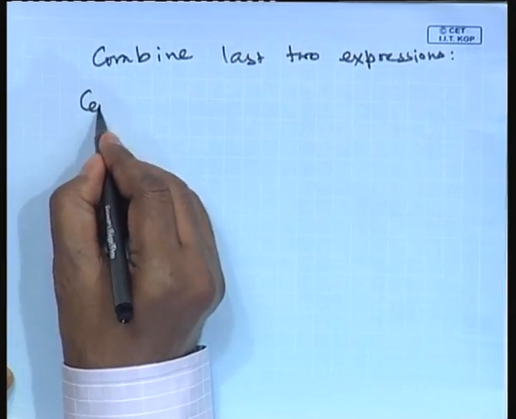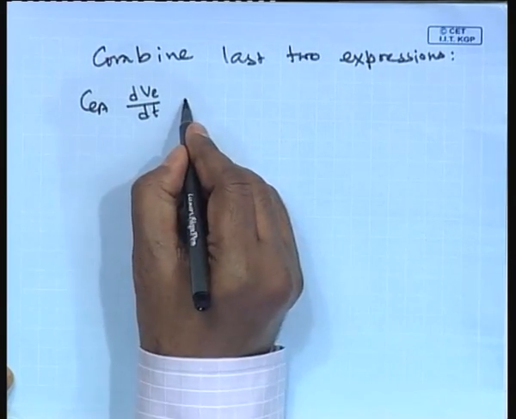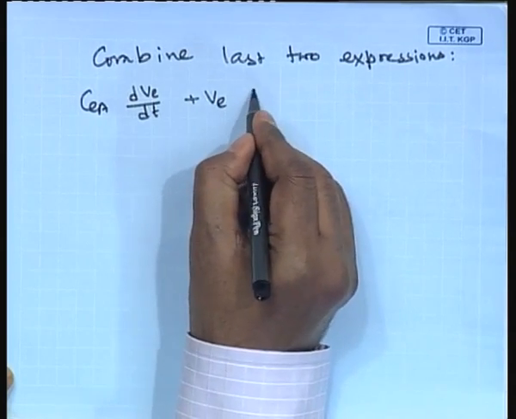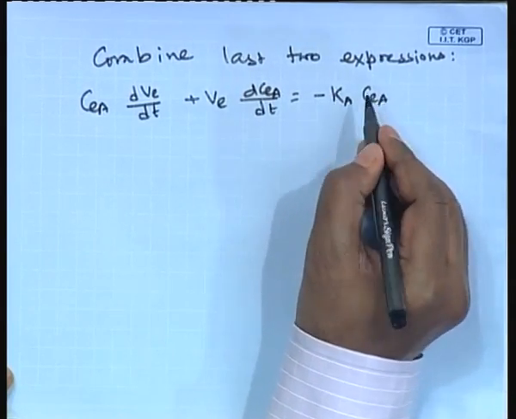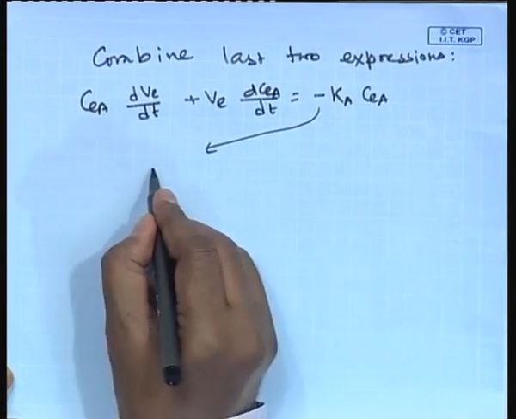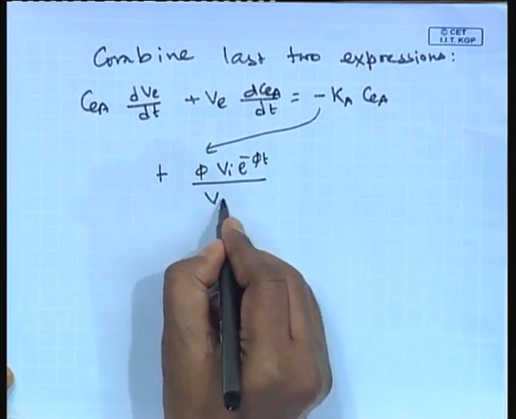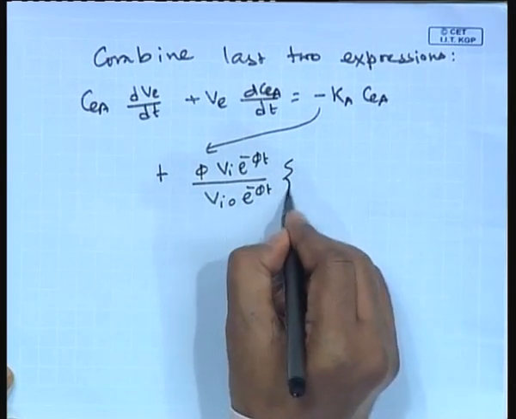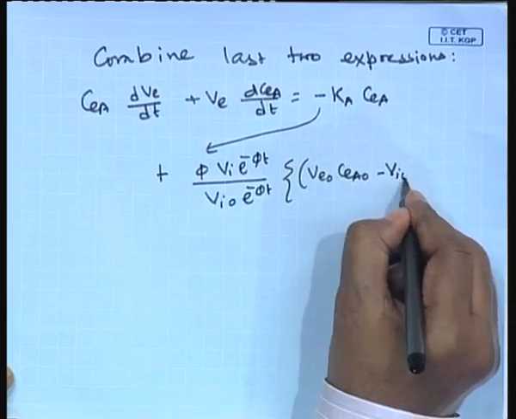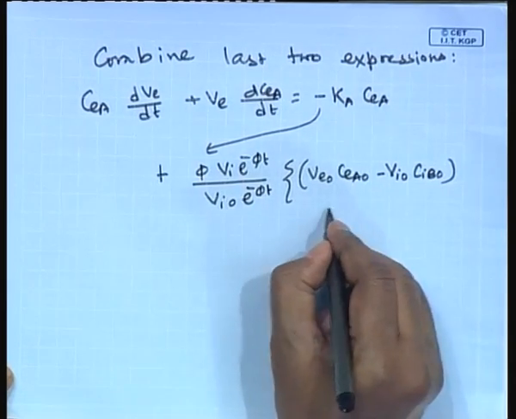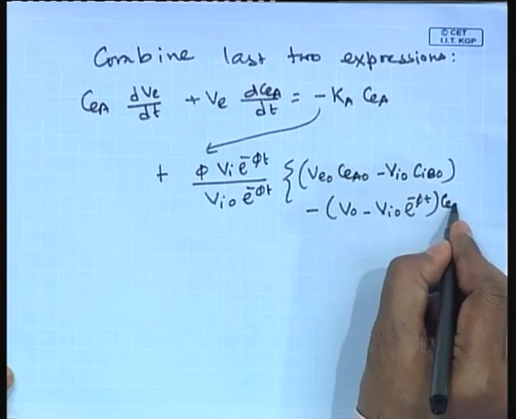So, what we will be getting is C E A d V dt plus V E d C E A dt is equal to minus K A C E A plus, on the right hand side, phi V I e to the power minus phi t divided by V I naught e to the power minus phi t, V E naught C E A naught minus V I naught C I B naught minus V naught minus V I naught e to the power minus phi t C E A.